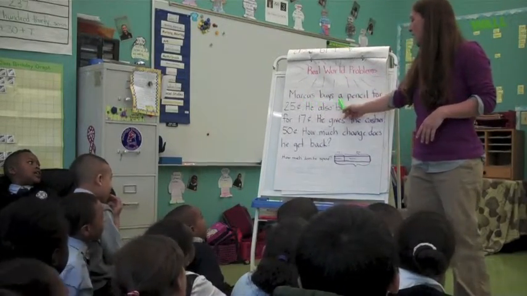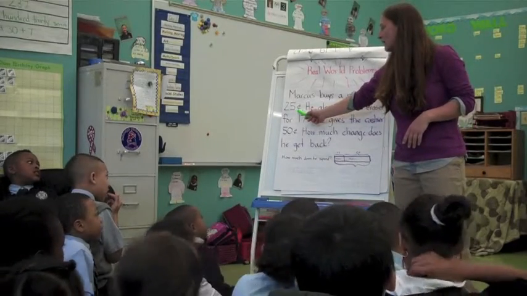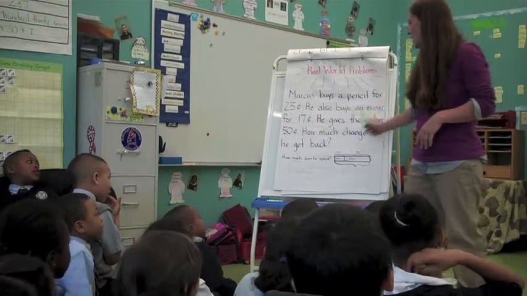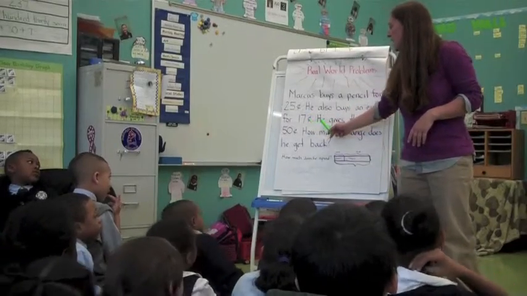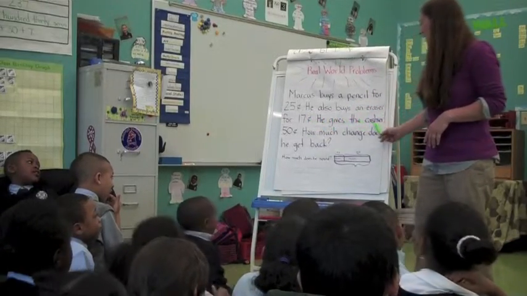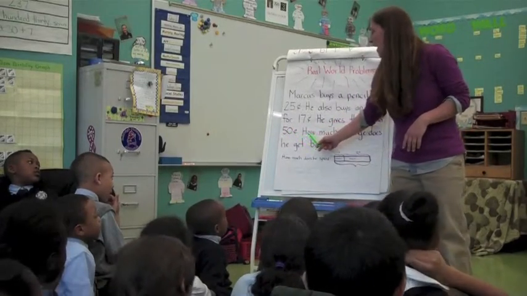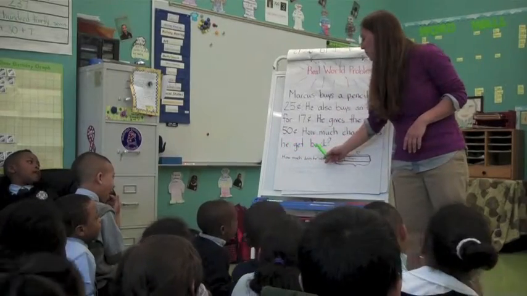Marcus buys a pencil for 25 cents. He also buys an eraser for 17 cents. He gives the cashier 50 cents. How much change does he get back?